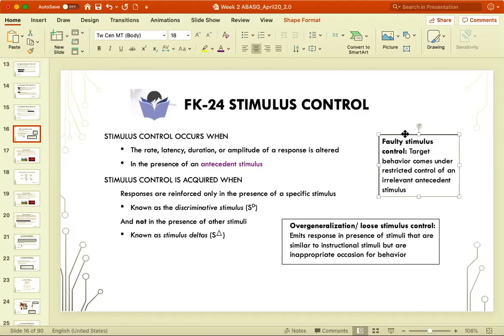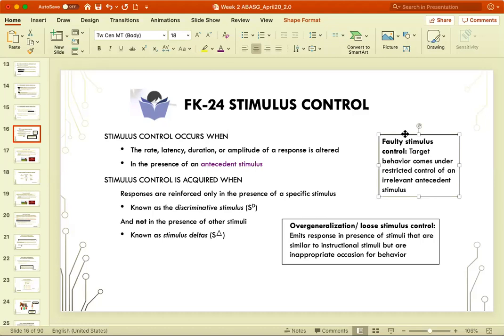So somebody give me an example of like a bulldog that snores, let's just say, right? And that's how he's labeling that dog a dog, coming under control not of all of the things that make a dog, but that irrelevant antecedent stimulus. He needs to hear that dog or that slobber or whatever it is. That is the faulty stimulus control that has been developed.